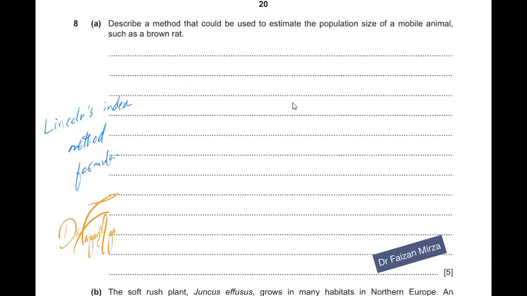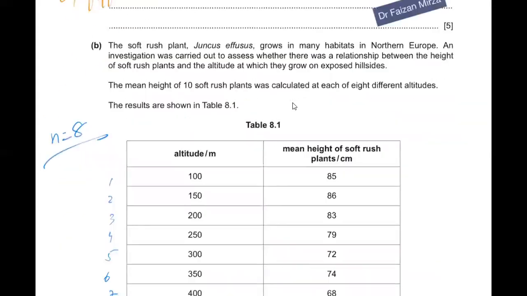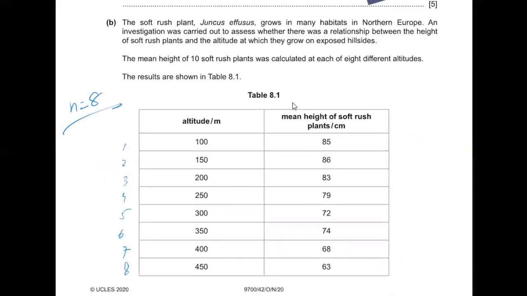So you calculate the Lincoln index by the formula: your total count on day one multiplied by your total count on day two, divided by the number of organisms which were marked and refound on the second day. This will give you the Lincoln index. So this can be mentioned. You can go to my playlist of biodiversity, classification, conservation, and watch a video of how the Lincoln index is calculated.